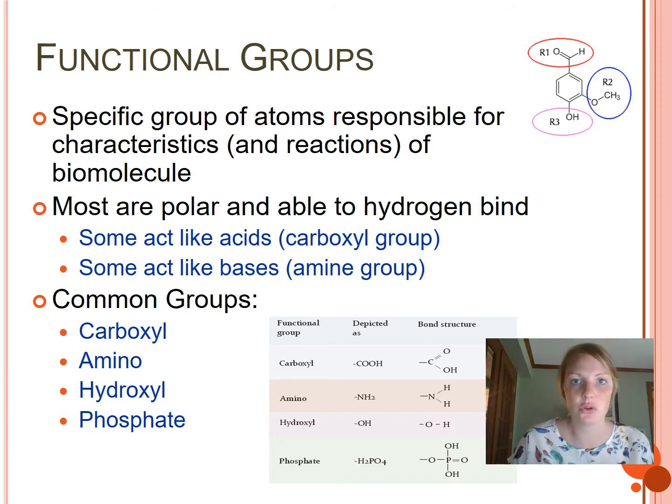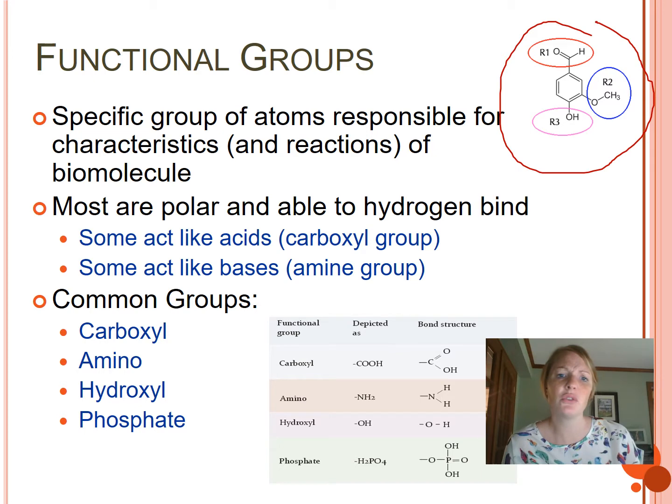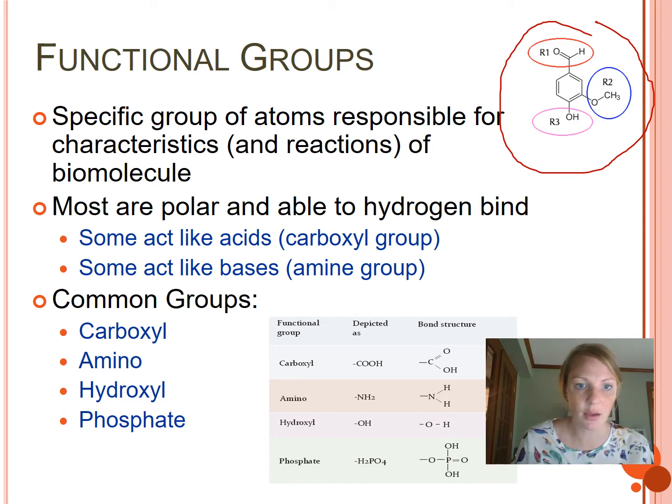The functional groups actually determine how this biomolecule will interact with other molecules, and I have some circled here. Here's a carbon ring, but then there are three different functional groups here, and this will really determine how it interacts with other molecules. Most of these functional groups are polar, and they're able to bind hydrogen. Some act like acids, some act like bases. It really depends on the composition.